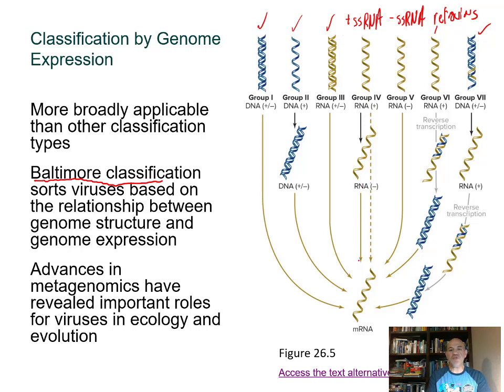The RNA can directly serve as mRNA, but you're going to make lots of negative strands. So the negative strands can be used to make lots more of the RNA, not only just to be packaged within the new viruses, but also to go in and make lots of viral protein. So you've got to make lots of copies so that you can make enough protein to make a lot of viruses. So the same is true for all of these other viruses.